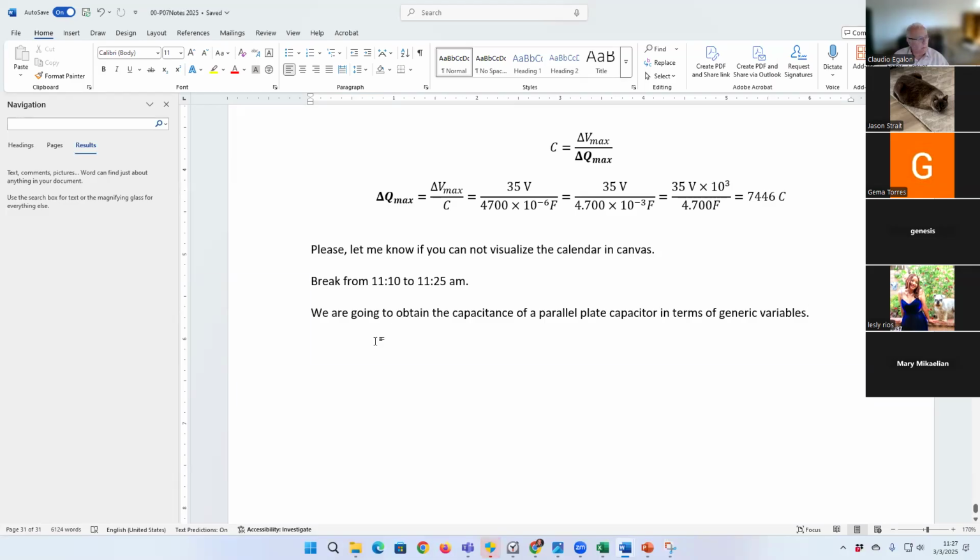Parallel plate capacitor. Okay, just recall that the electric field of a parallel plate capacitor is given by, you remember that?